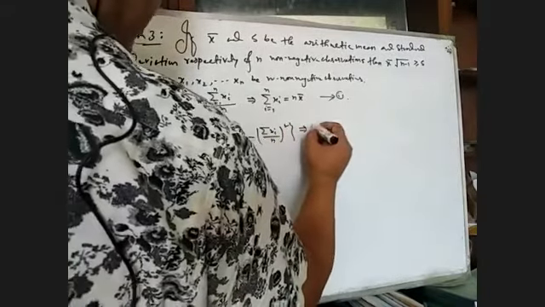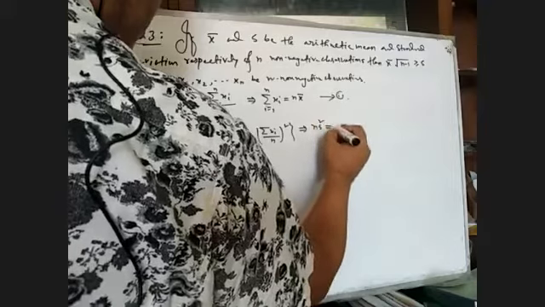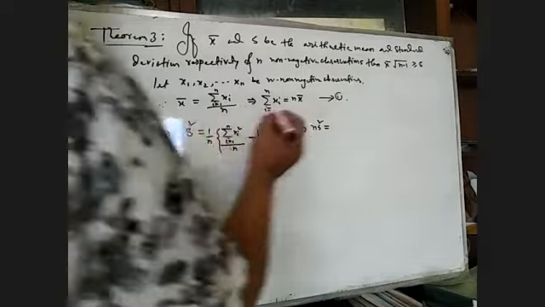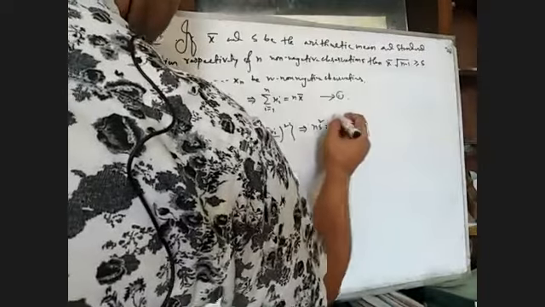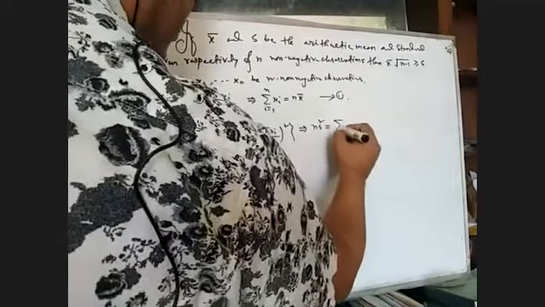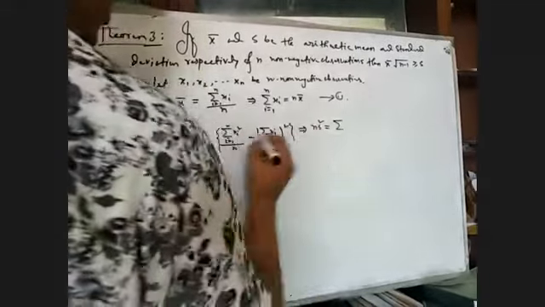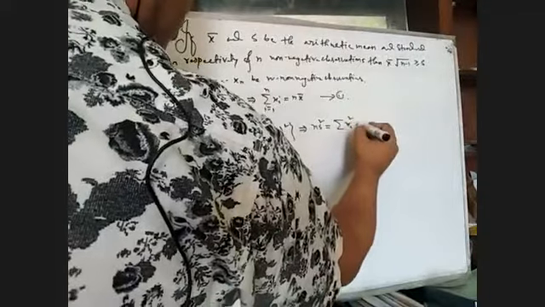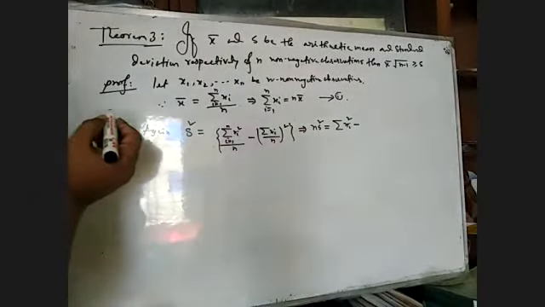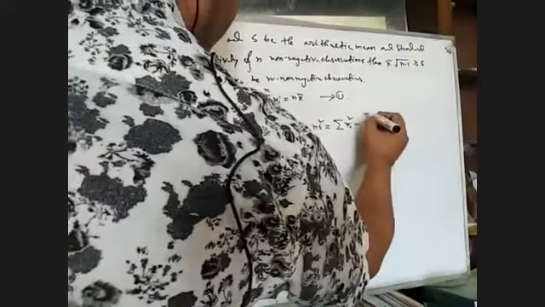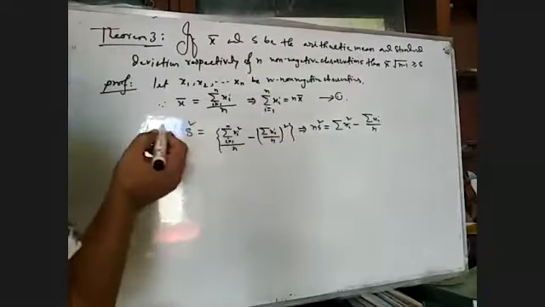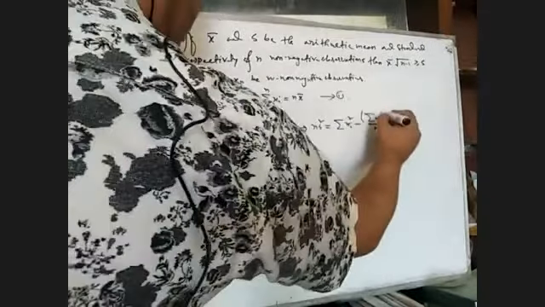We can write n s square equals summation xi square minus (summation xi) whole square by n.